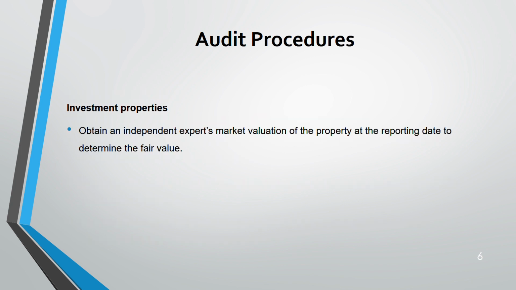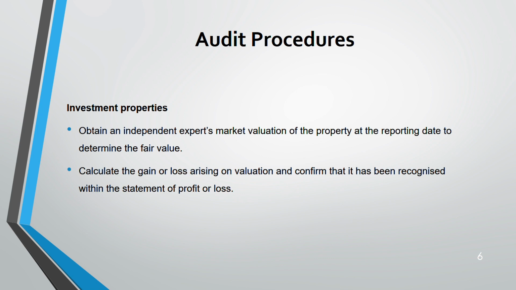Obtain an independent expert's market valuation of the property at the reporting date to determine the fair value. Here you need an independent valuation. Then gain and loss. As I told you, investment property works on capital gain and loss. So that gain and loss you need to calculate.